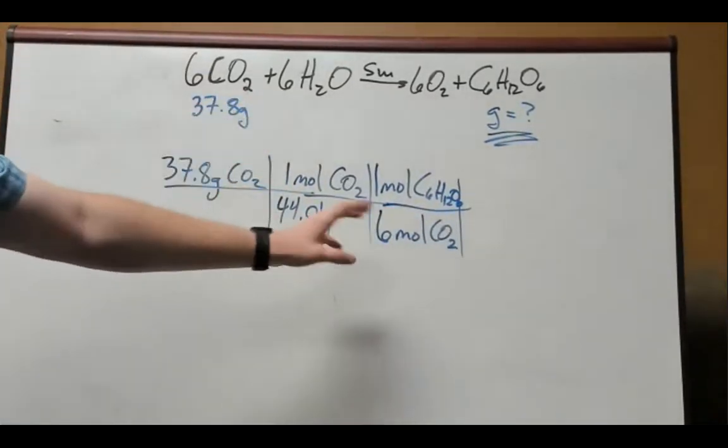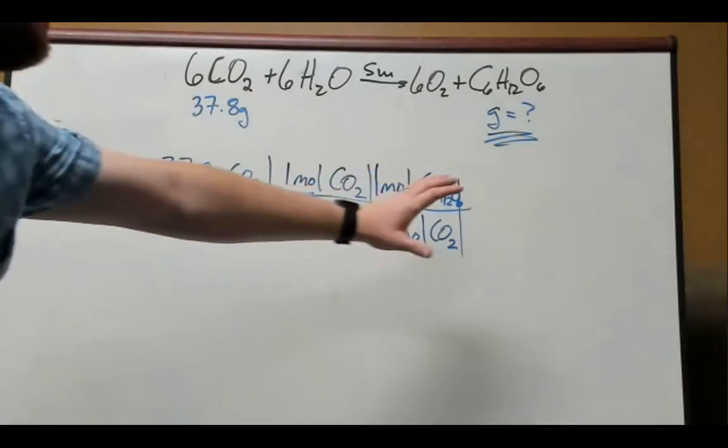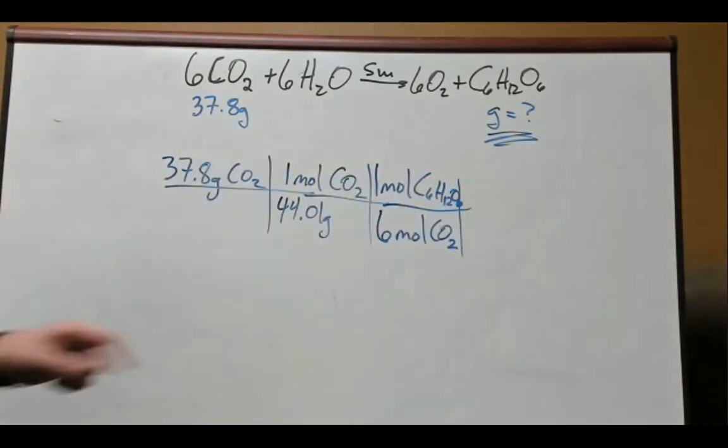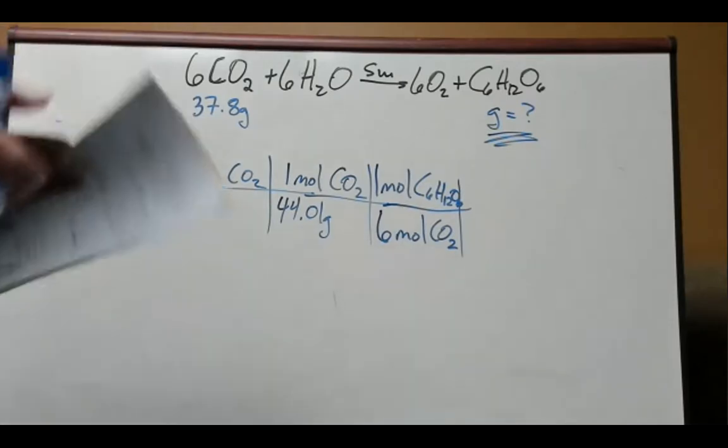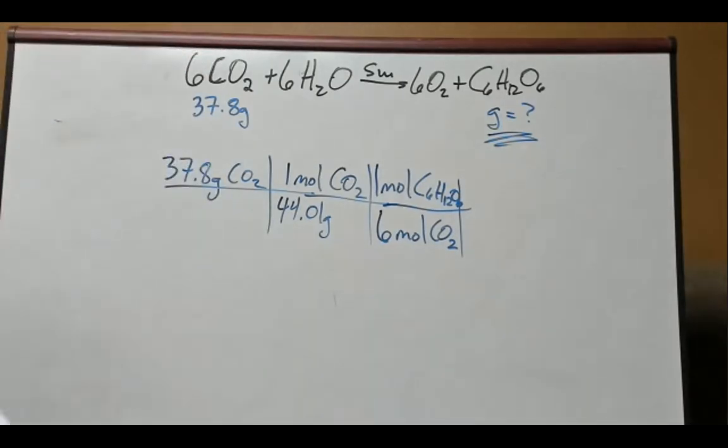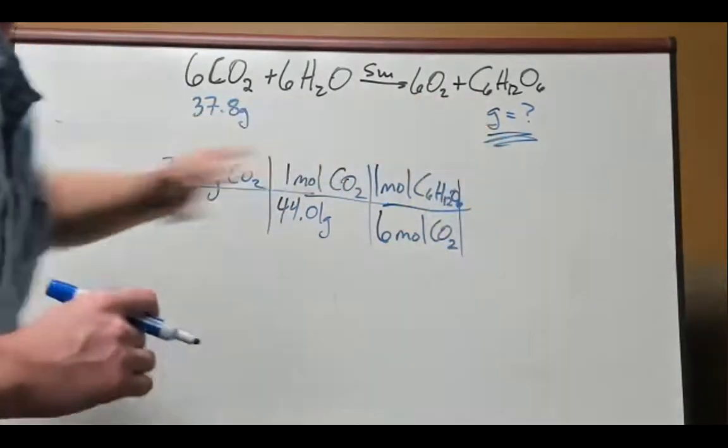So now, if I were to just calculate it from here, what would I end up with? You're right, moles of glucose. But is that what I want to solve? This is where knowing what we want at the end will help us determine how to get there. And so I want grams of glucose.